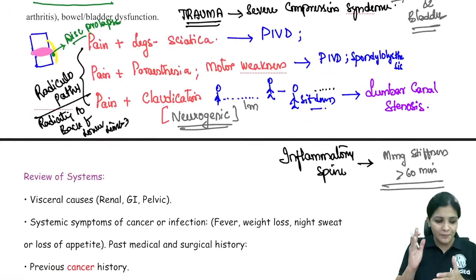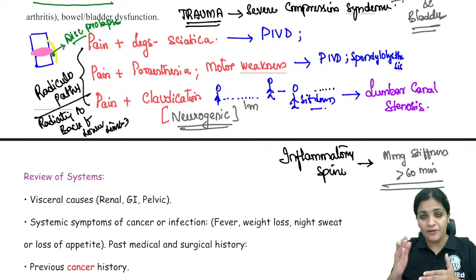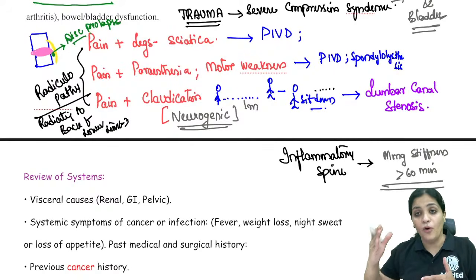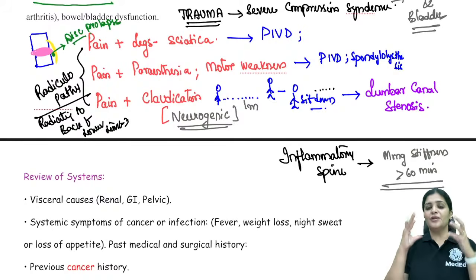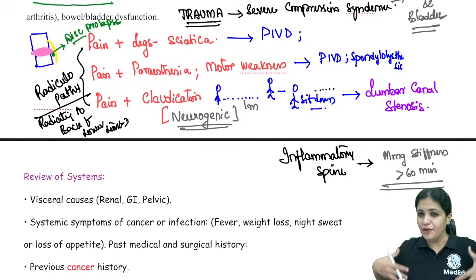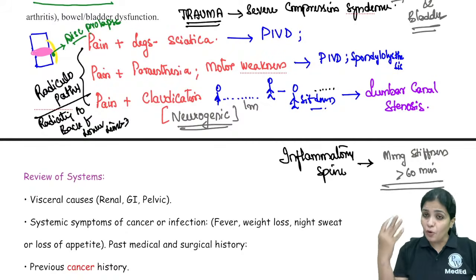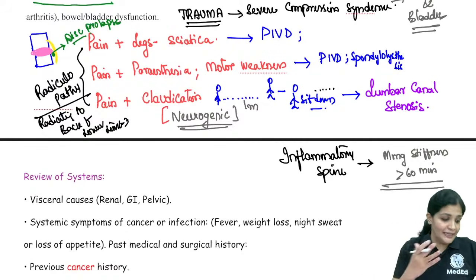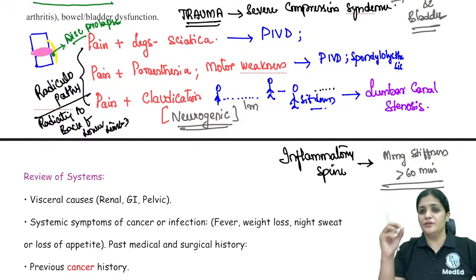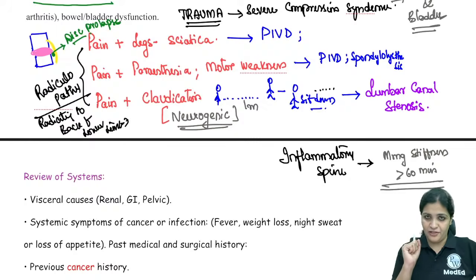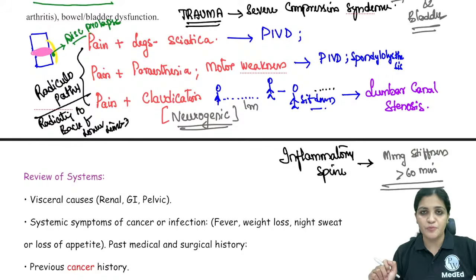So it all starts with the pain, and in this inflammatory spine condition there will be morning stiffness which is more than 60 minutes. As soon as the patient gets up from the bed, he will have severe pain and stiffness, and it will last a long time, such as 1 hour, and then it will reduce. This is a clue that you are dealing with inflammatory spine conditions. One example is ankylosing spondylitis.